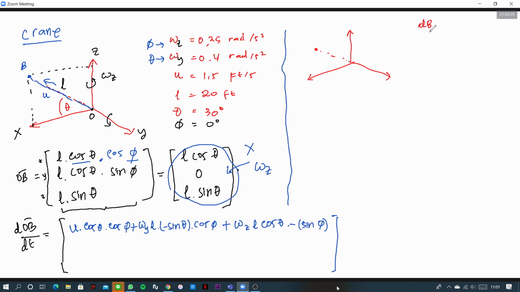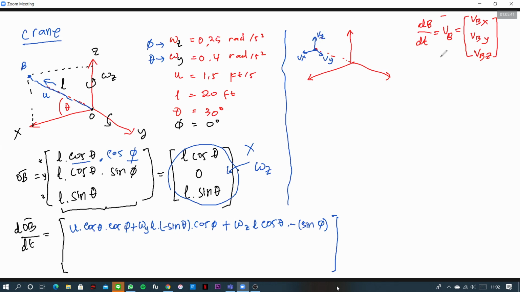I can just simply say DOB by dt is actually simply the velocity of B. And the velocity of B, we can decompose it into three axes, VB in x-axis, VB in y-axis, and VB in z-axis. Okay, and then if you draw it in three-dimensional space, it's simply like this. So this is my VBX, this is my VBY, this is my VBZ, that's it.